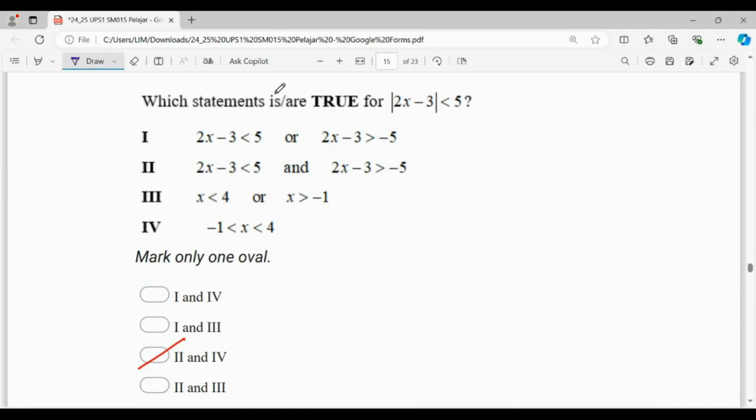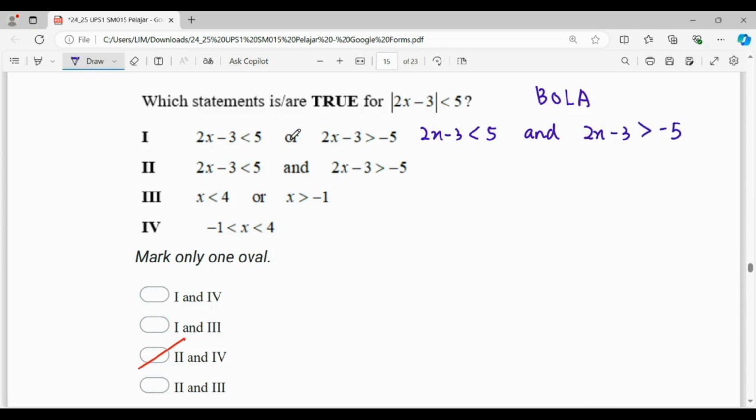Then which statements are true for the modulus less than? So always remember, for modulus inequalities, bigger than uses or, less than uses and. So when I want to open this modulus less than, I need to use the definition and, then insert the negative and change the sign for the other side.